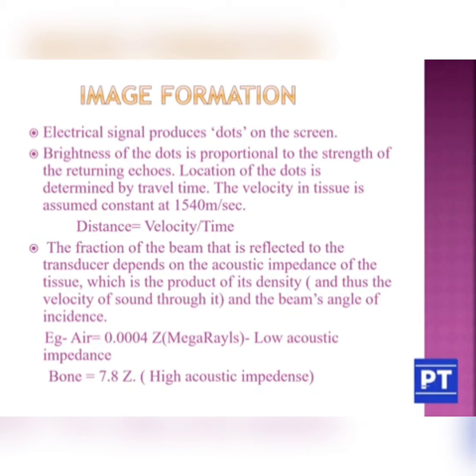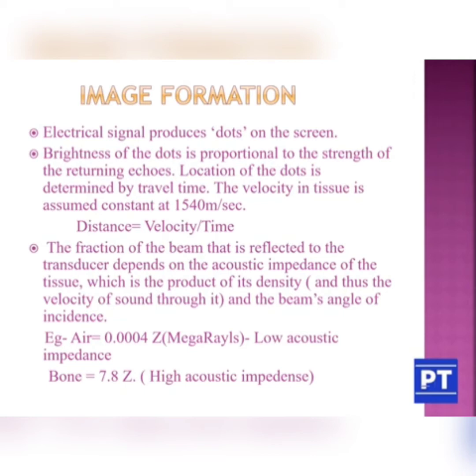The brightness of the dot is proportional to the strength of the returning echo. Depending upon the strength of the echo, the brightness of the dot is proportional. And the location of the dot is determined by the travel time, meaning distance equals velocity times time.